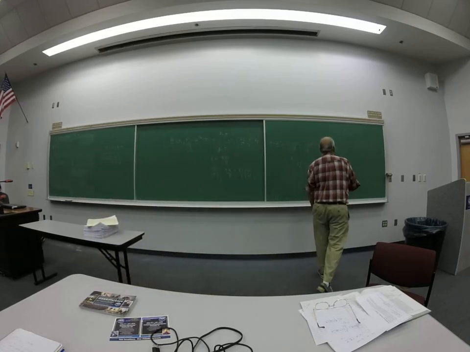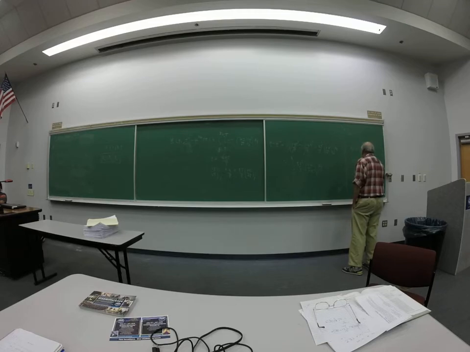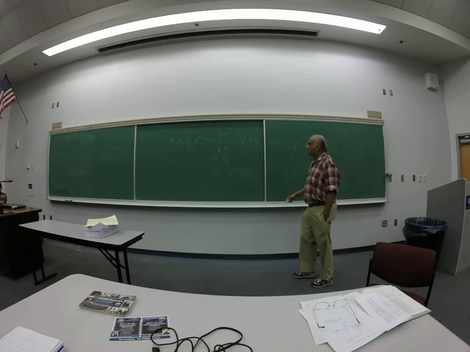We're going to write PR equals P by PC, TR equals T by TC, and that's all I need here. And ZR, if you want, equals Z by ZC. Z reduced.